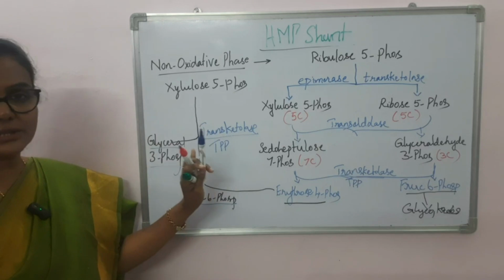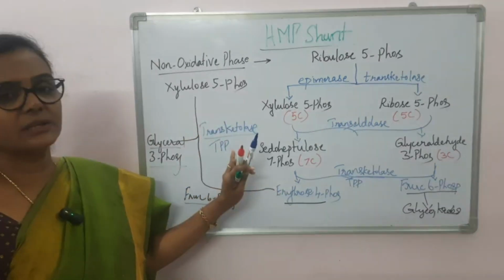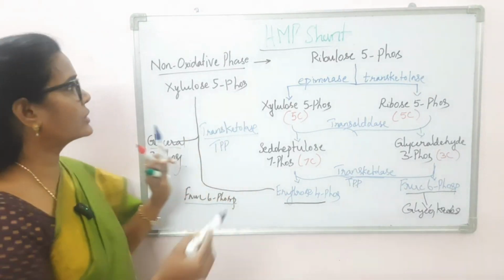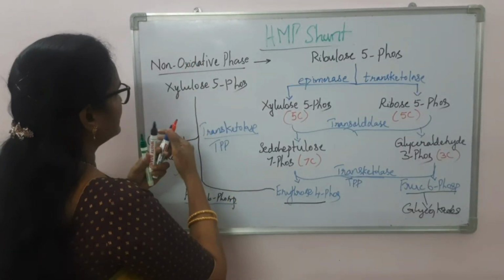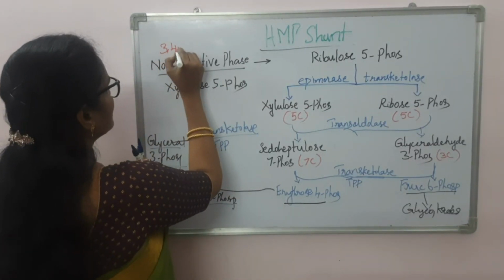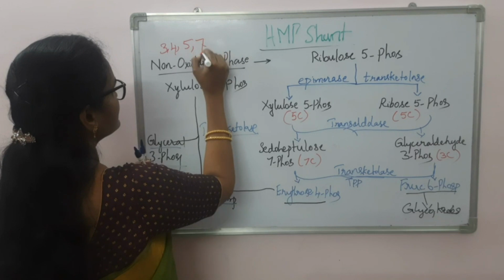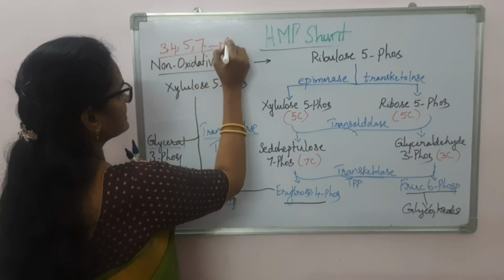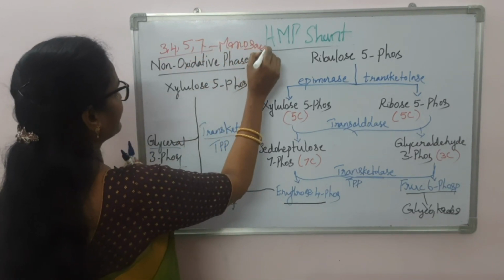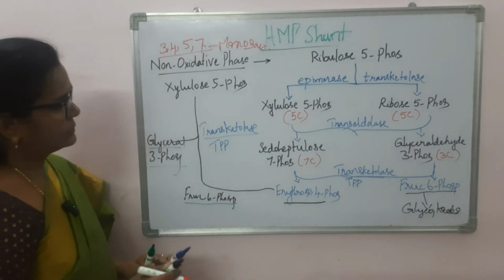So the non-oxidative phase is completely concerned with the interconversion of 3-carbon, 4-carbon, 5-carbon and 7-carbon monosaccharides. So this is about HMP Shunt. Thank you.